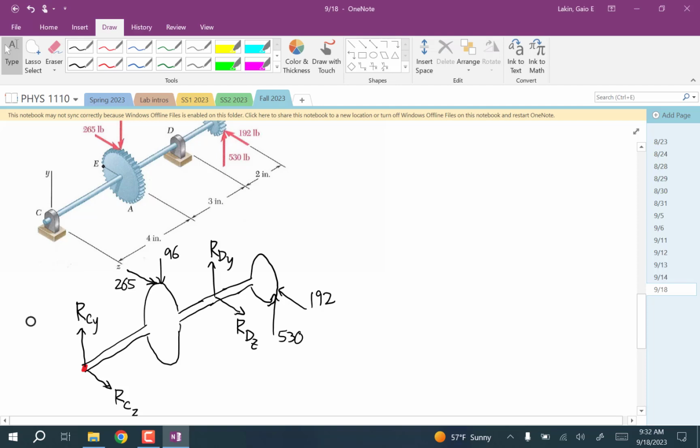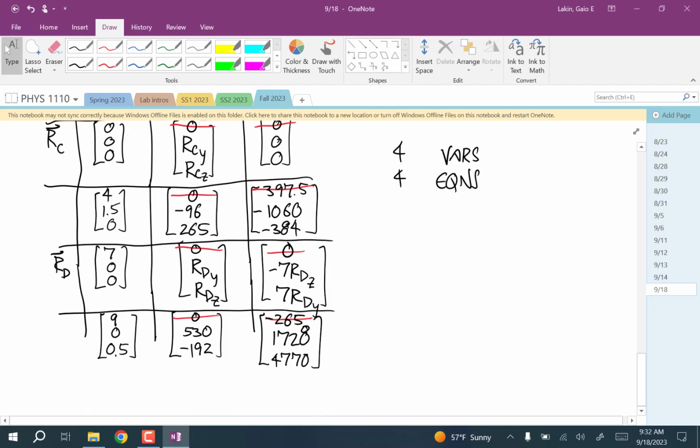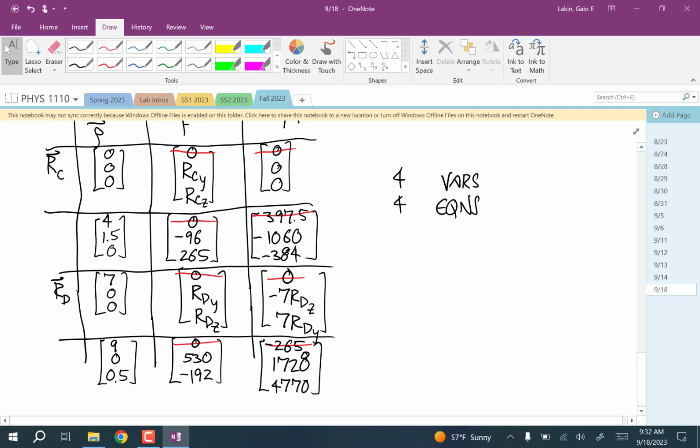So it's not super easy to see until you go to the equations, and you see that all those moments are doing is creating a moment about the axis. That's all they're doing, and so you can just throw that out.